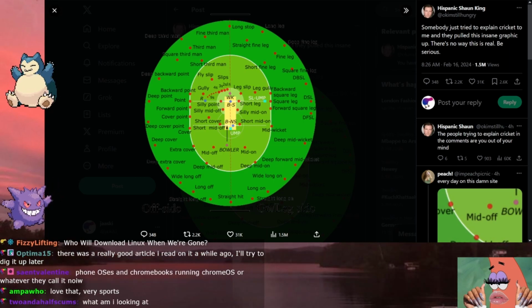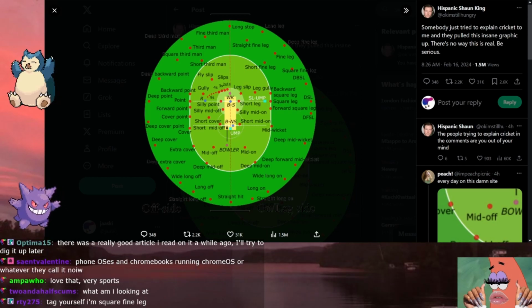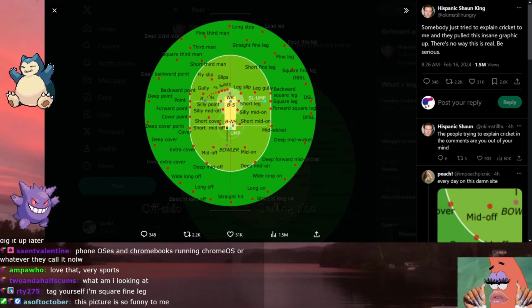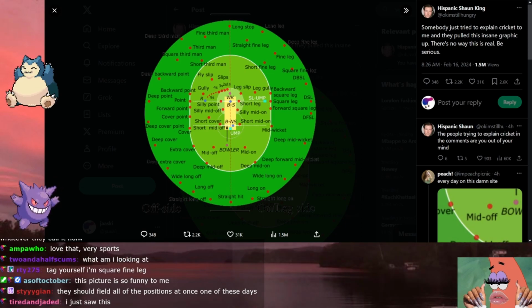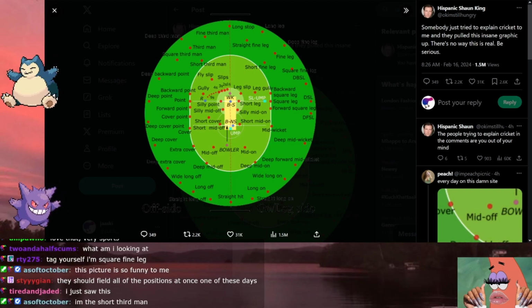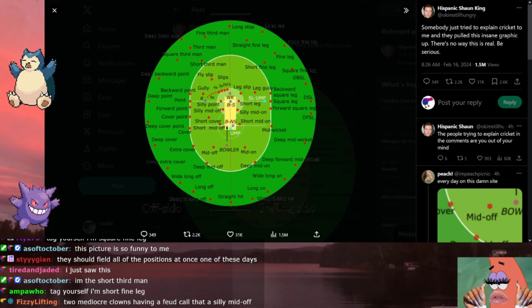It's just a description of every single possible fielding position in cricket. A thing you need to understand is only 9 of these positions are filled at any given time. So these are all different positions you'll be in.